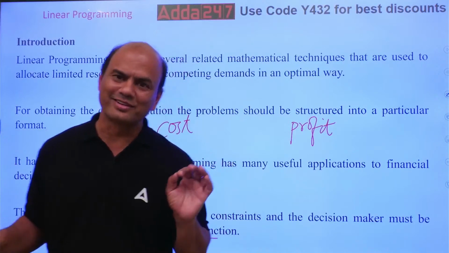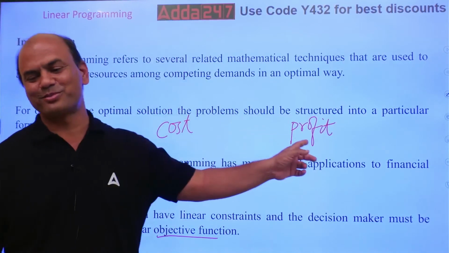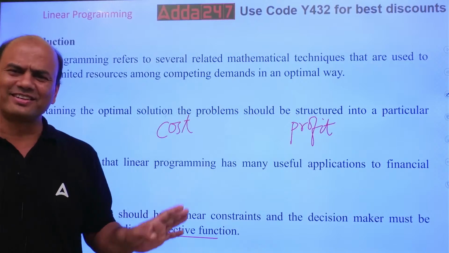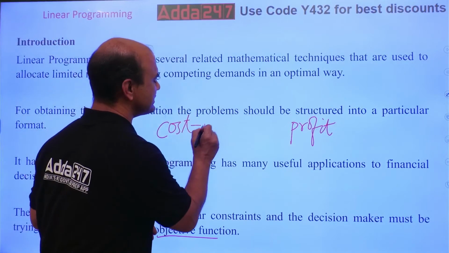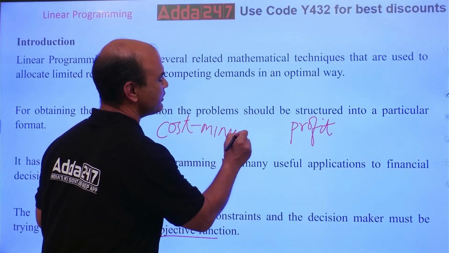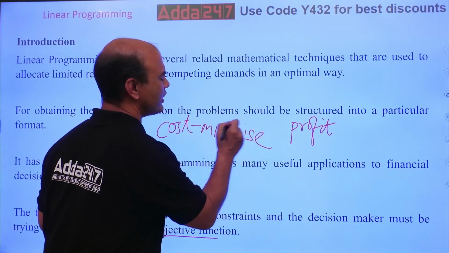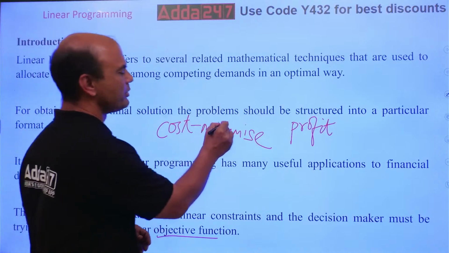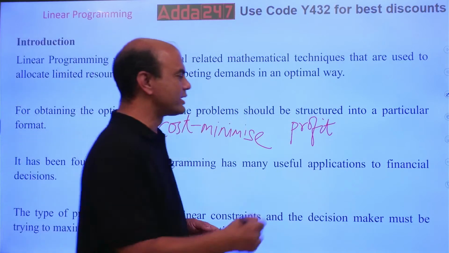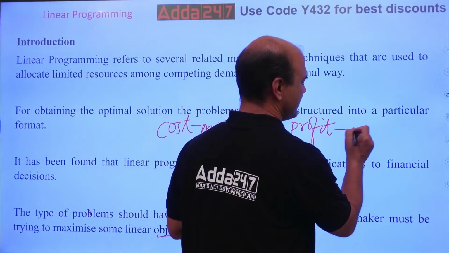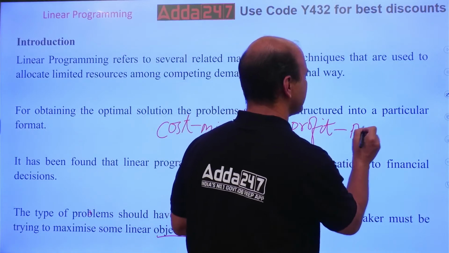Net is what? Cost, profit. Everything, cost and profit. So cost over here, you'll always try to minimize this cost. Any company owner, in your house also, you're trying to minimize the cost. And what are you trying to do? You're trying to increase the profit or income. Maximize, I will write it.